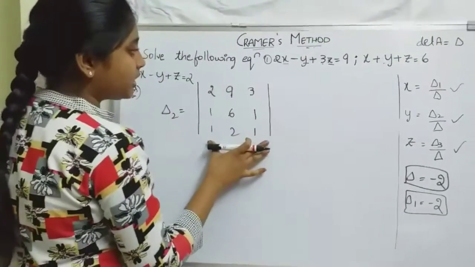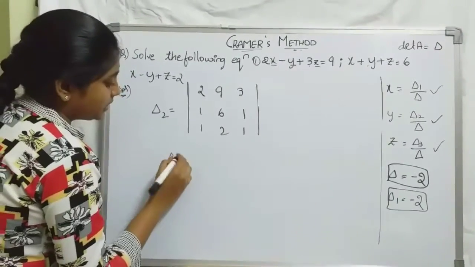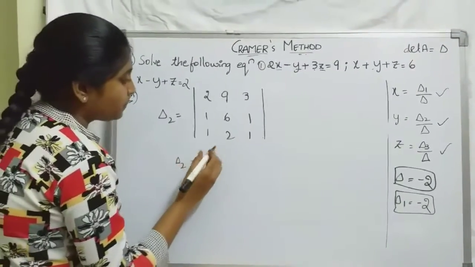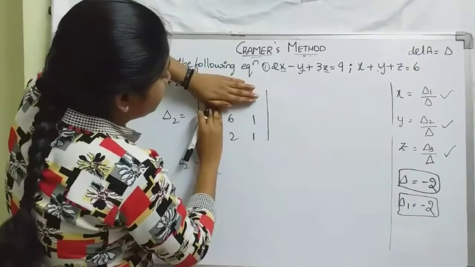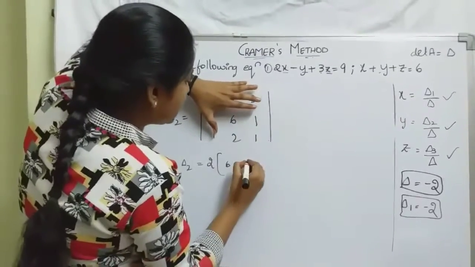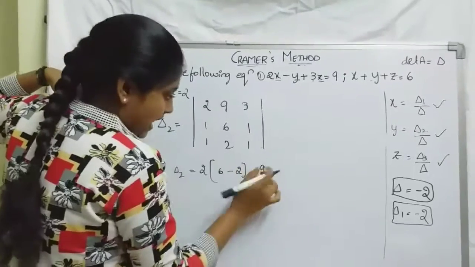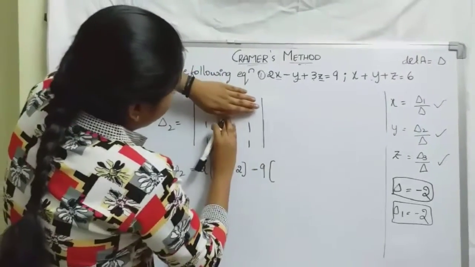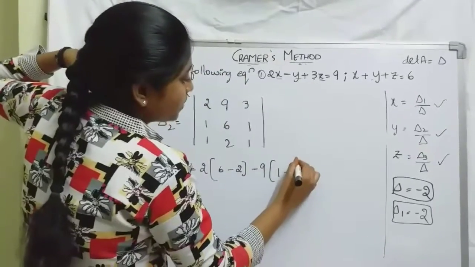Now we need to find the determinant of this matrix. That is delta 2 is equal to 2 into (6 into 1, that is 6, minus 2 into 1, 2) minus 9 into (1 into 1, that is 1).